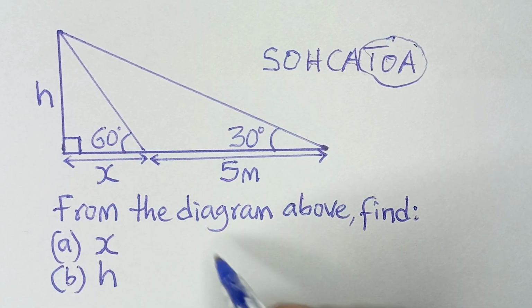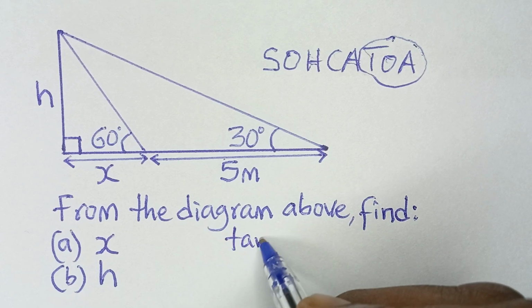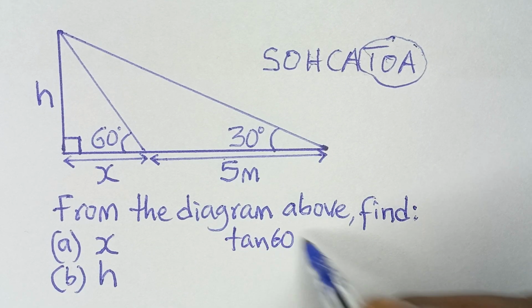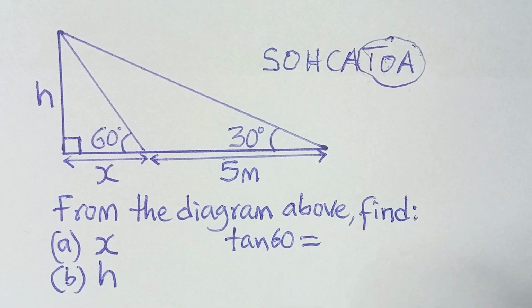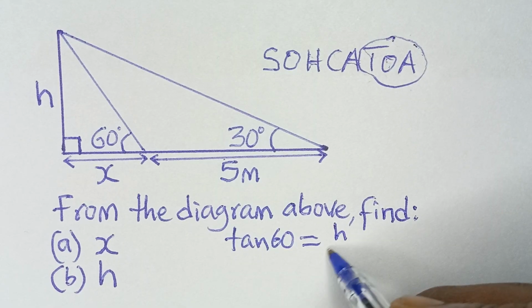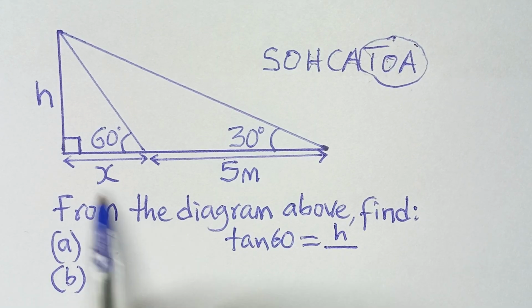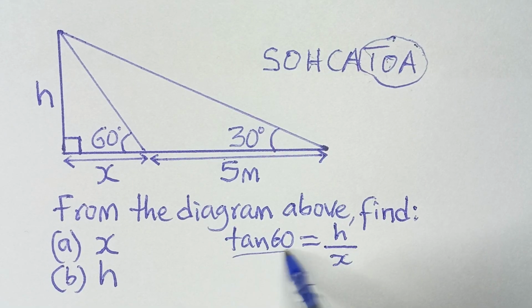So if I start and I take tan 60 now, that is the tan of the angle, is equal to opposite over adjacent. The opposite side is h and the adjacent side is x. So if I cross multiply this now, don't forget this is like over 1.